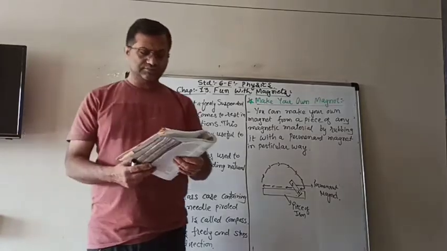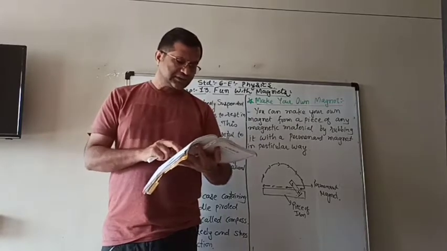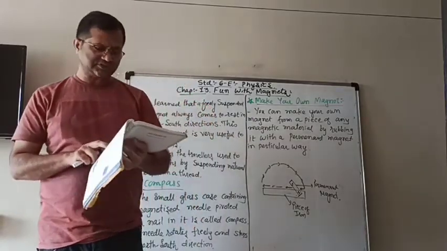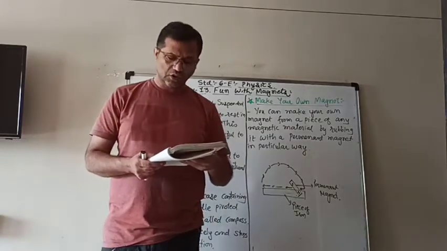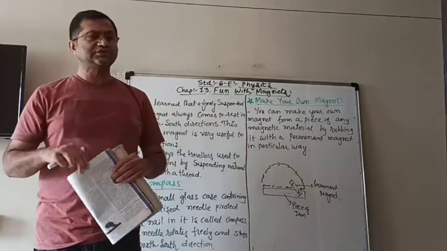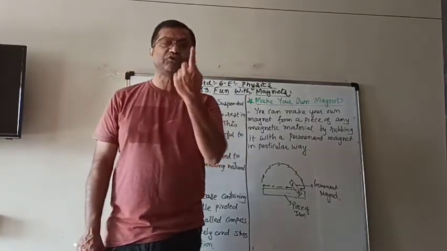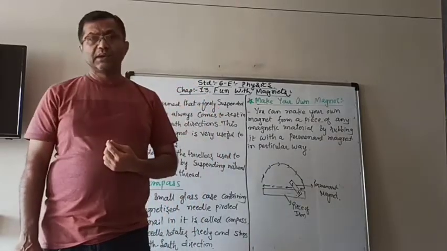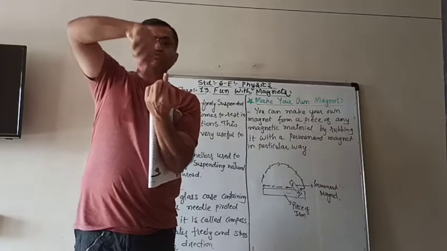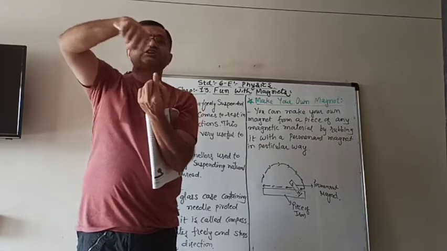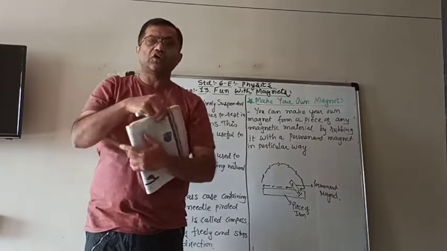This compass is actually a small box with a glass cover on it, in which a magnetized needle is pivoted on a nail. Pivoted means the needle is adjusted on the nail in such a way that it can rotate freely on it.